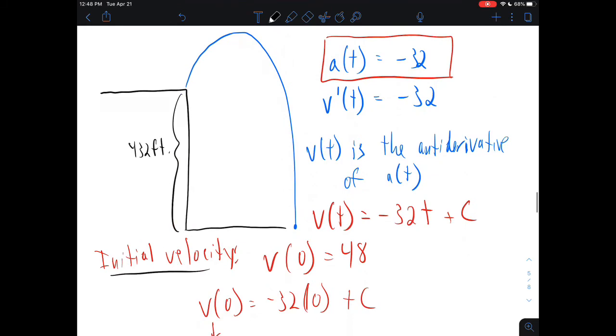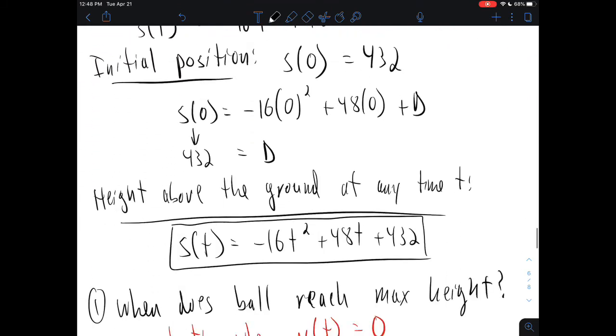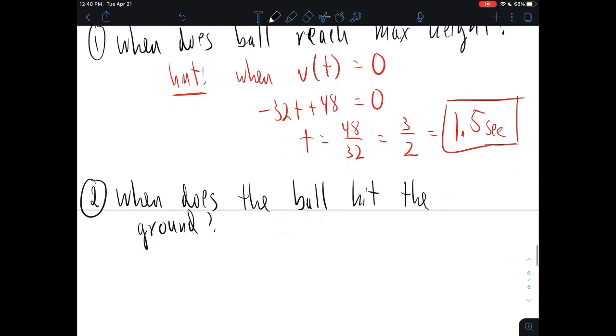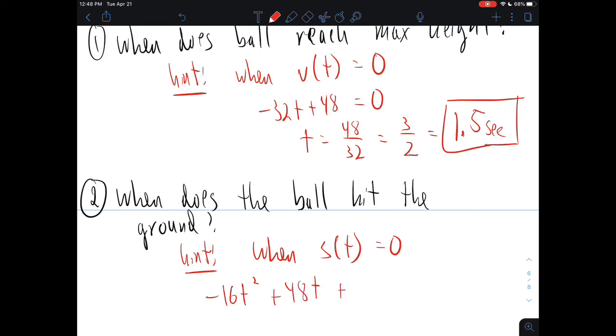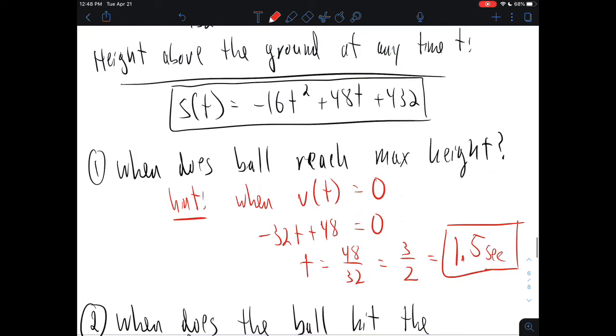But what's the height at the ground? Well, that's 0 feet. So when does the ball hit the ground? It's when the position function s of t is equal to 0. Which means negative 16t squared plus 48t plus 432, we set that equal to 0.